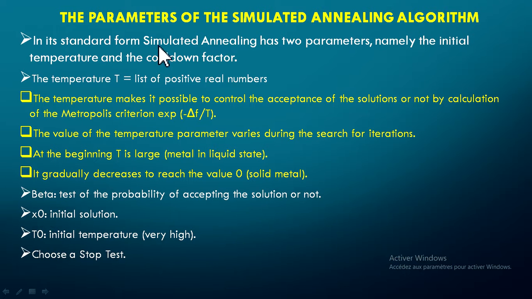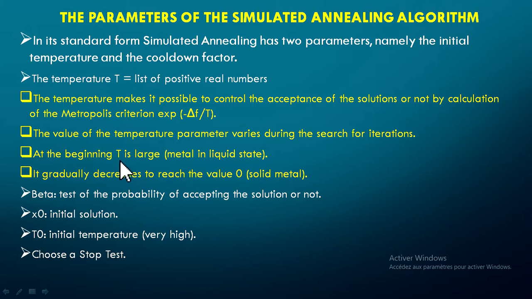In its standard form, simulated annealing has two parameters, namely the initial temperature and the cool down factor, which is alpha. The temperature T is a positive real number. The temperature makes it possible to control the acceptance of the solution by calculation of the Metropolis criterion, which is this. The value of the temperature parameter varies during the search over the iterations.